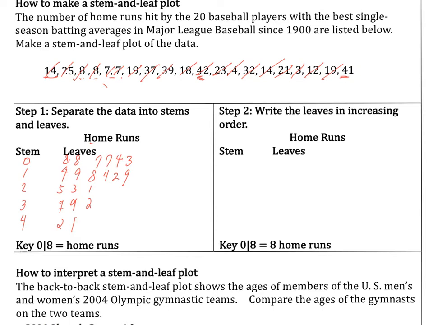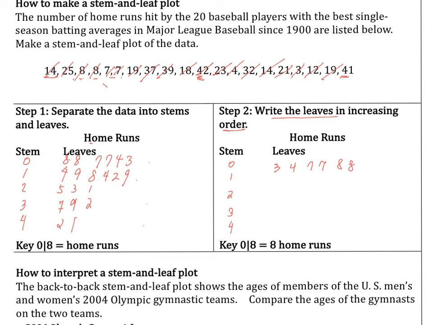Now we can't leave the stem and leaf plot like this. It needs to be a little bit more organized. So we need to write the leaves in increasing order. I'm going to write my stems again, 0, 1, 2, 3, 4, and I'm going to order all of these rows from least to greatest. So here I'm going to begin with 3, 4, 7, 7, 8, 8.